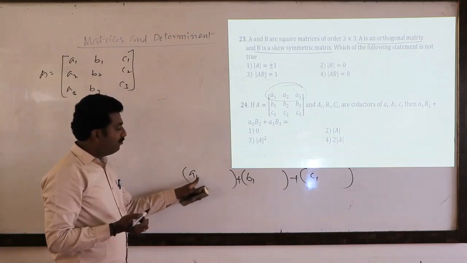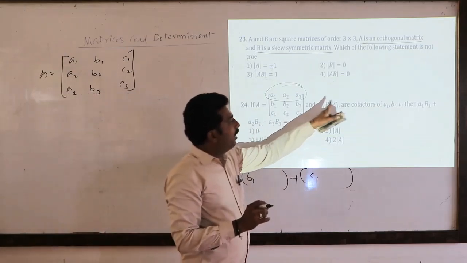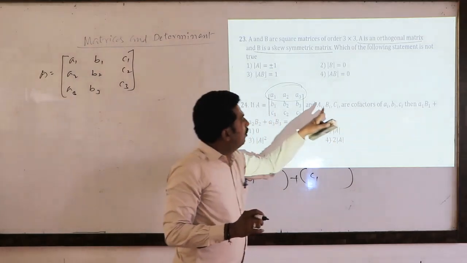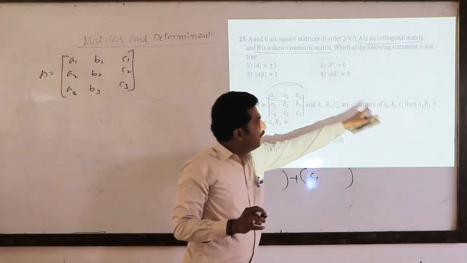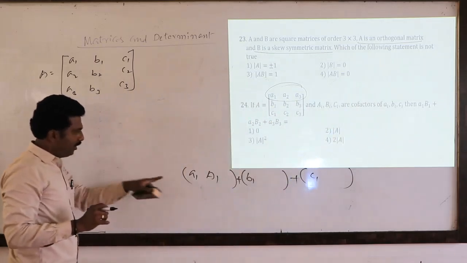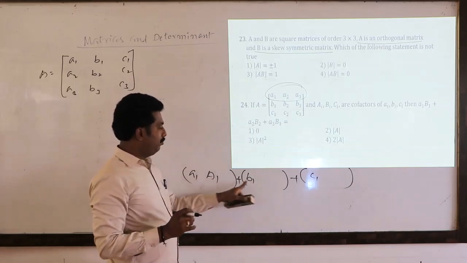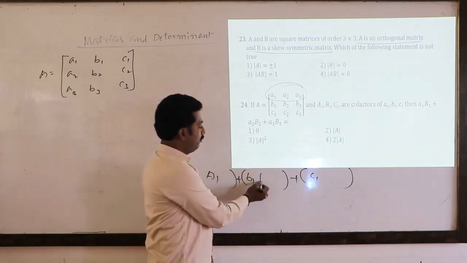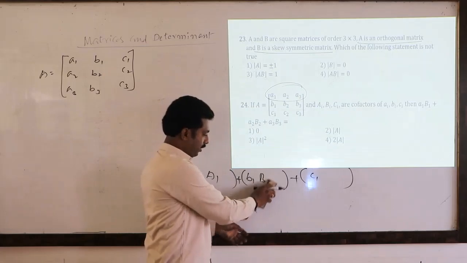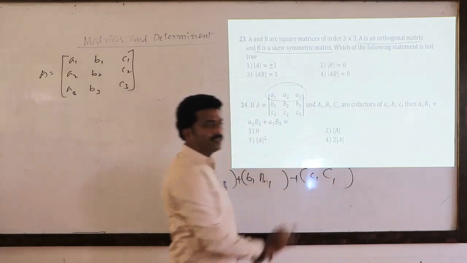The cofactor of A1 is capital A1, the cofactor of B1 is capital B1, and the cofactor of C1 is capital C1.